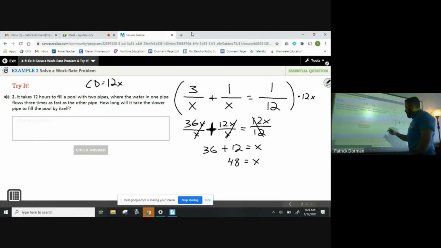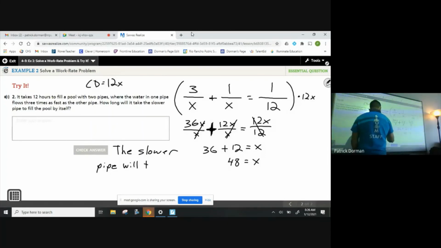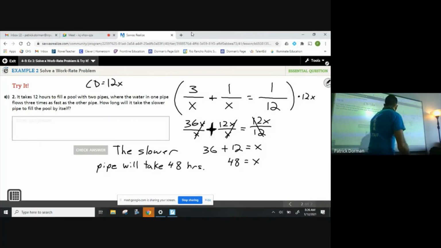Okay, the slower pipe will take 48 hours. And there you go.